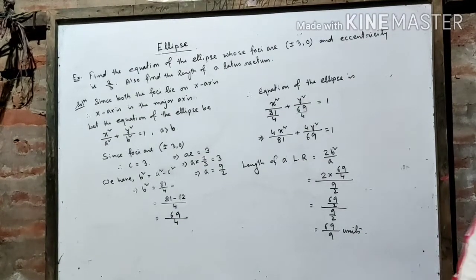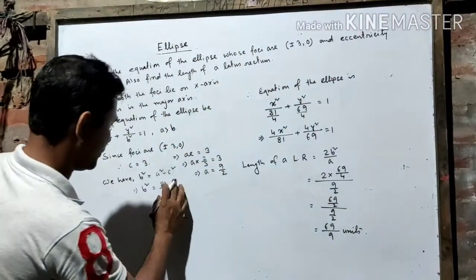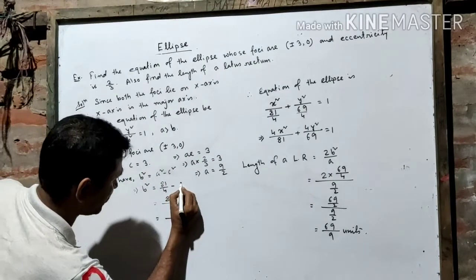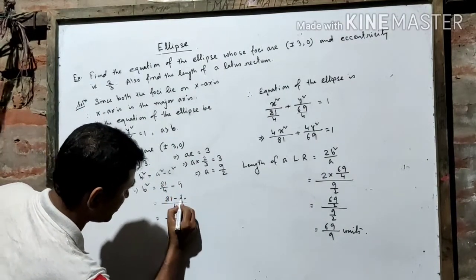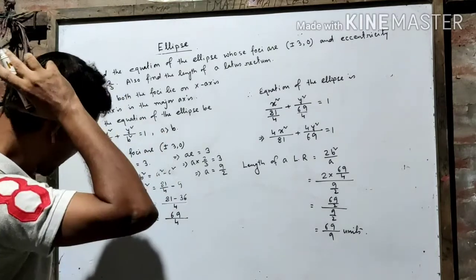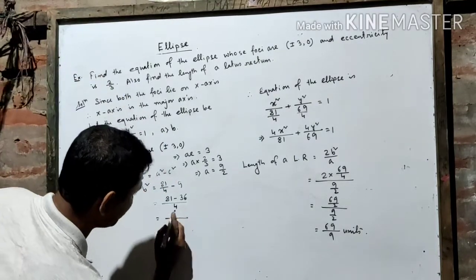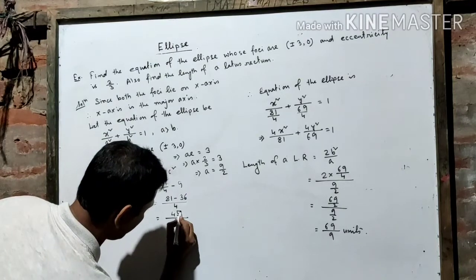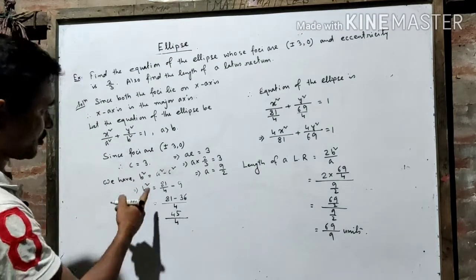So, one mistake is there. c square, c is 3, c square is 9. So this is 36. So 81 minus 36 will be 45. So b square is equal to 45 by 4.